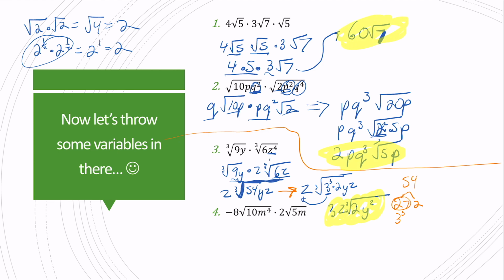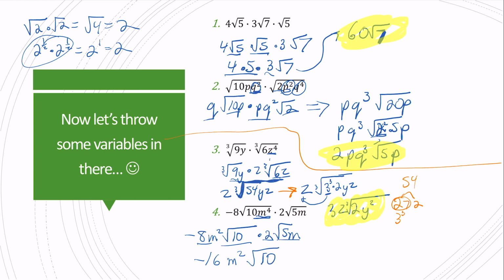Last example, I have negative 8 square root of 10m to the fourth times 2 square root of 5m. I can simplify this m to the fourth, so I have negative 8m squared square root of 10 times 2 square root of 5m. I multiply my constants. I multiply my radicals.